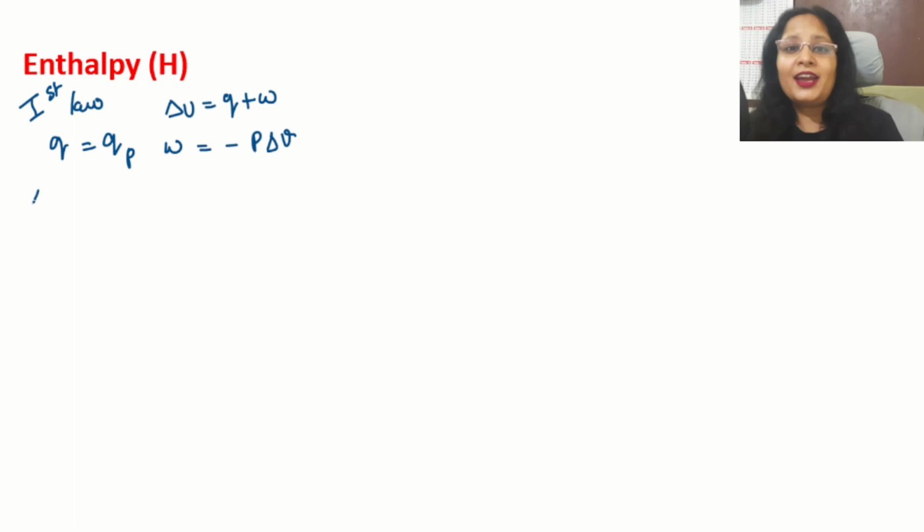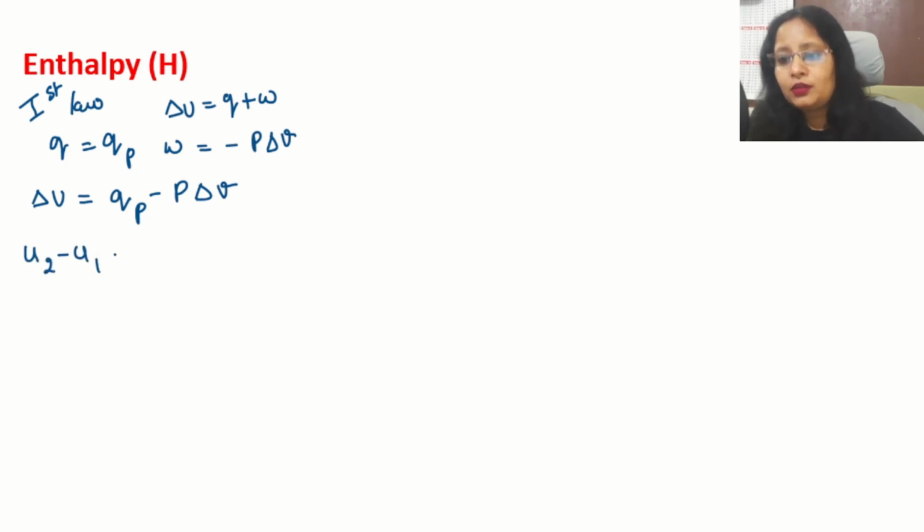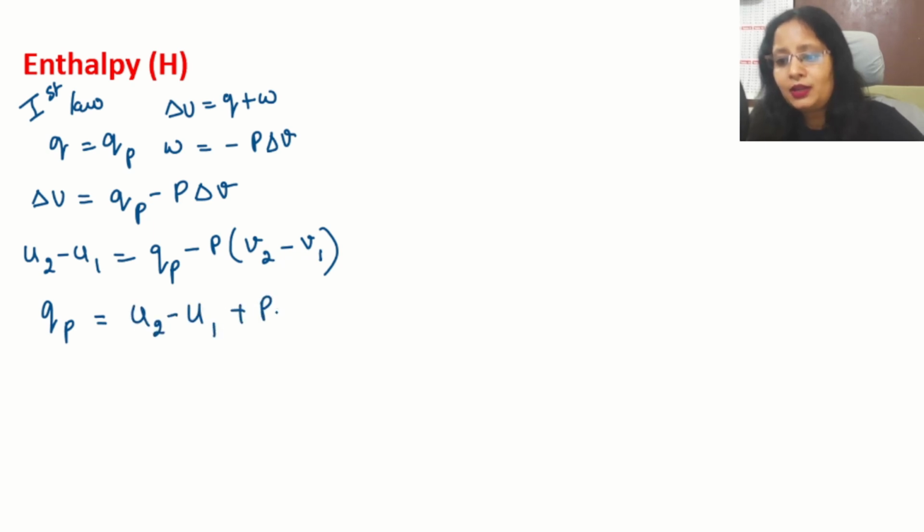We get delta U is equal to QP minus P delta V. So delta U, we can write U2 minus U1, is equal to QP minus P into V2 minus V1. Let's rearrange the whole equation. We get QP is equal to U2 minus U1 plus P V2 minus P V1.